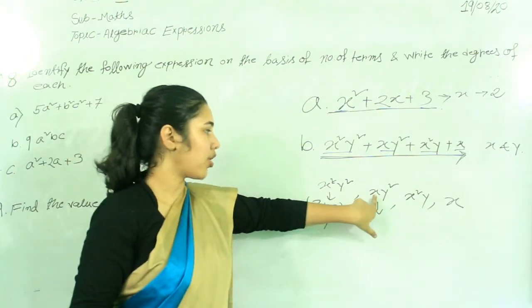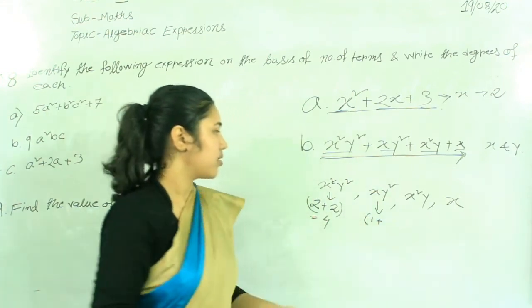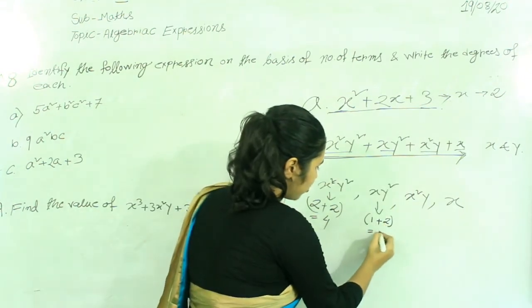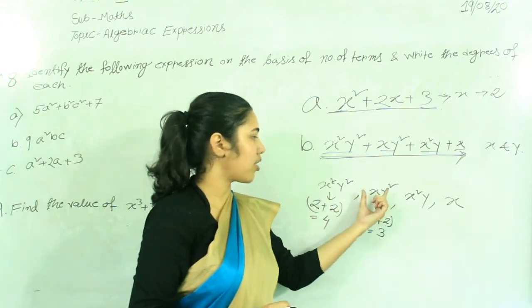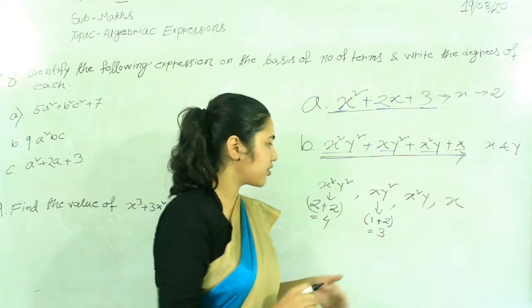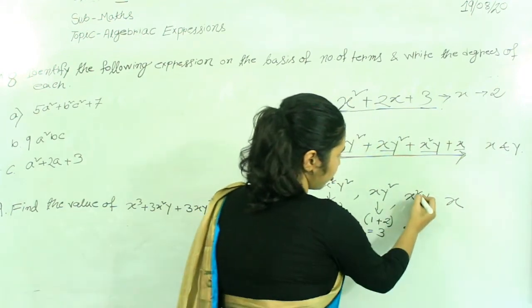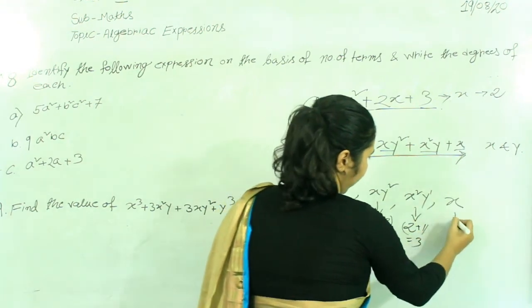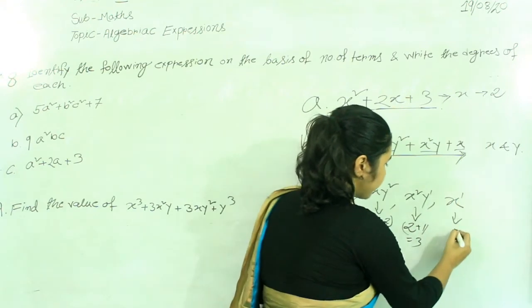Next, the power of the first variable is 1 plus the power of the second variable is 2. So 2 plus 1, 3, which means the power of the second term is 3. And next, 2 plus 1, again 3. And last, the power of x is 1.